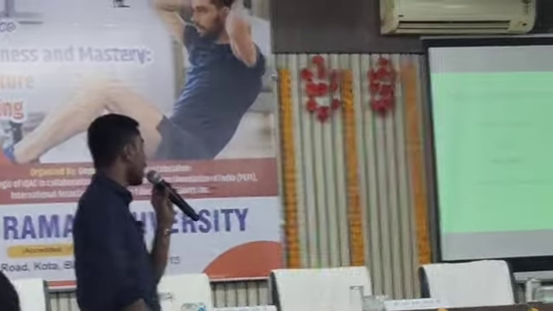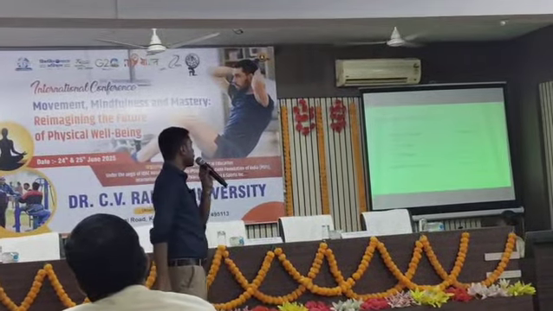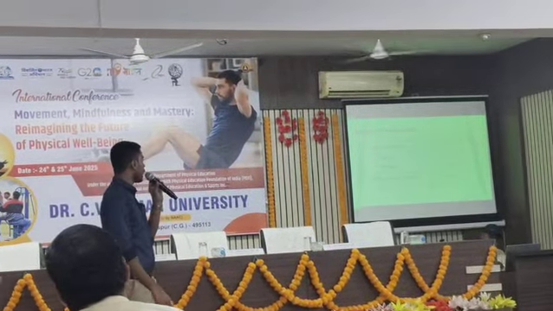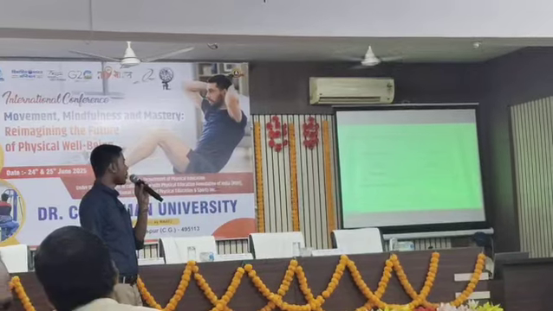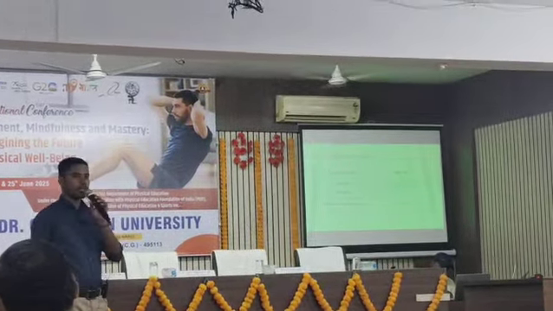Okay, next slide. And these are the demographic characteristics of our patients. Mean age 28.2 plus minus 7.4, BMI 24.12 plus minus 3.12, and the duration of the disease 6.94.